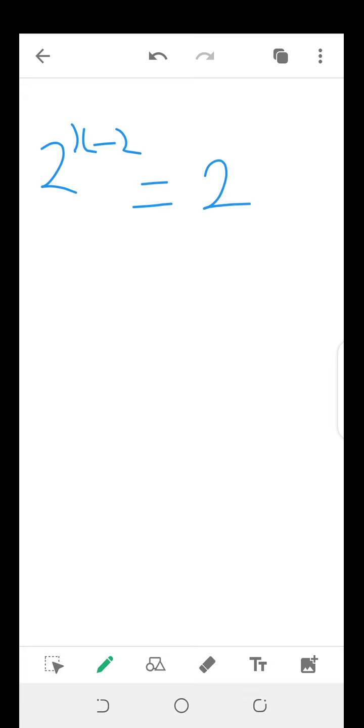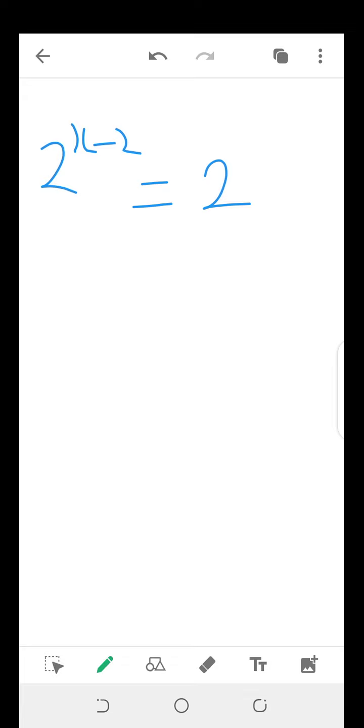With this, the bases are the same. Yesterday in our lesson, I told you that every number written without an exponent can be written with the power of 1.